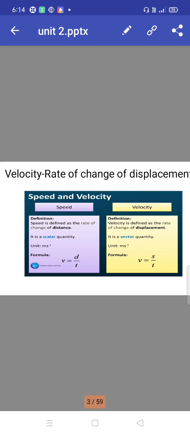Next we see velocity. Velocity is defined as the displacement with respect to time. That is the definition for velocity. What will be the distance covered in a particular time? So that is the main thing.